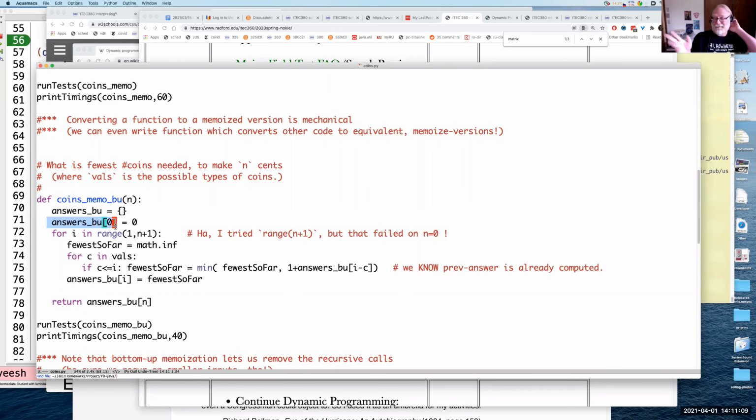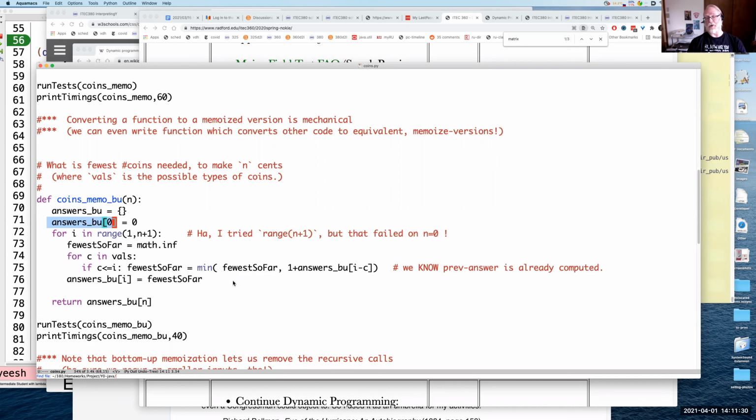And later, I have 0 through 16 filled up. I'm trying to figure out what is coins of 17. Well, I can only give the optimal answer if I know the best answer to coins of 16, coins of 17 minus 3, and coins of 17 minus 4. If I know those three answers, I can figure out coins of 17 and record that answer.